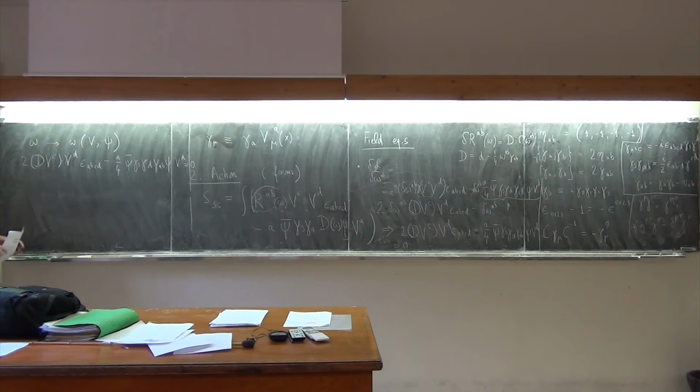This is the so-called torsion equation, because we will interpret this as a torsion later on, and this torsion equation gives me omega in terms of the vierbein.